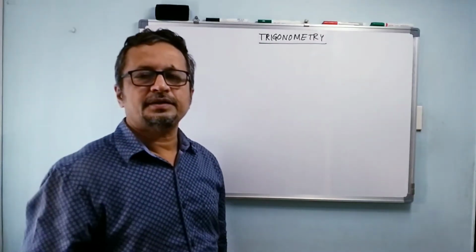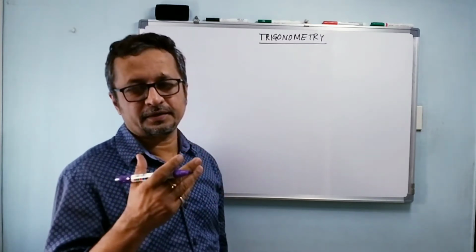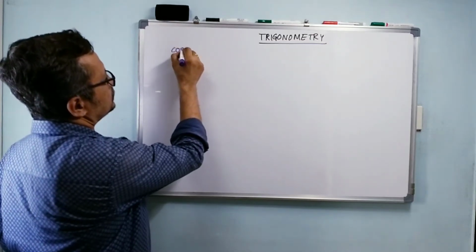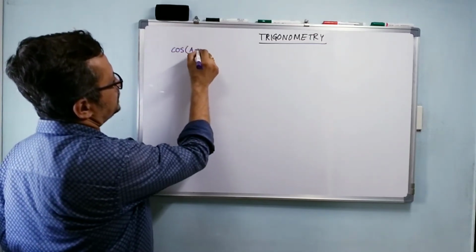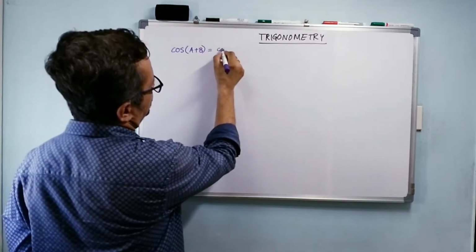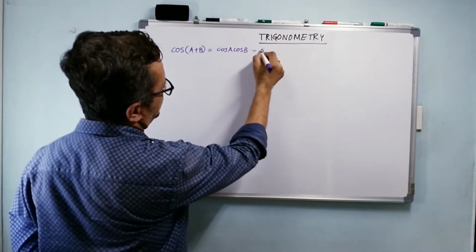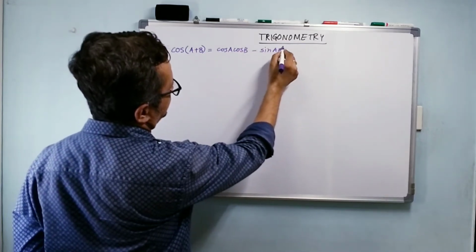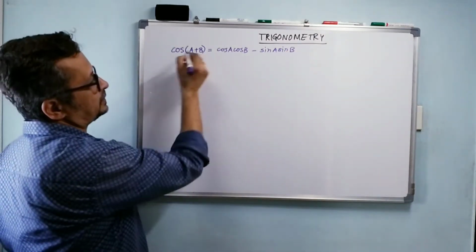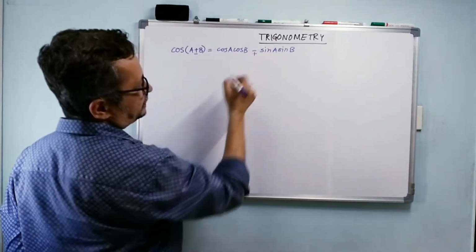So now I'm going to write a few formulae which we will be using very widely here in trigonometry. The first one is cos of a plus b is equal to cos a cos b minus sin a sin b. Now if I change this sign here, I make it minus here, then there will be a plus sign here.